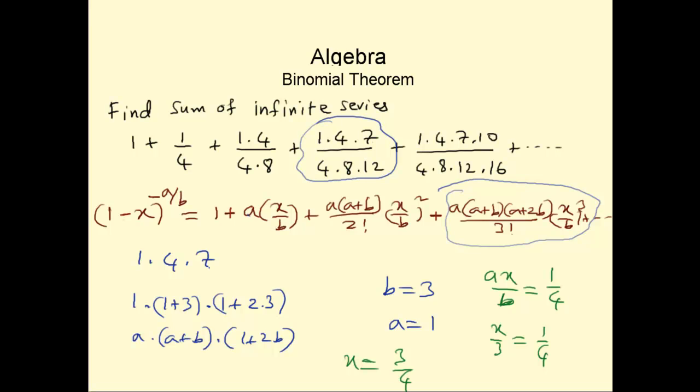So let's see if this is true. If you substitute a equal to 1, b equal to 3, and x equal to 3 over 4, let's see if we can simplify this equation to the series.